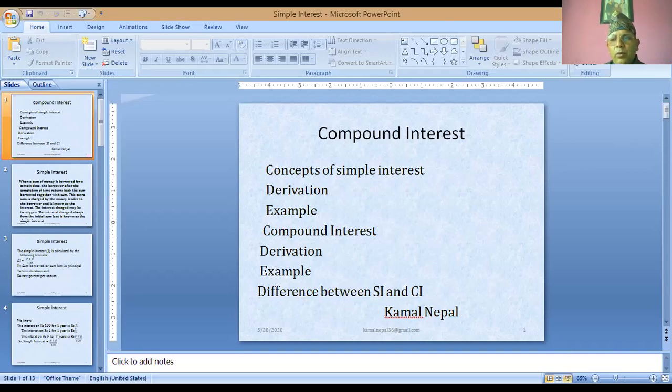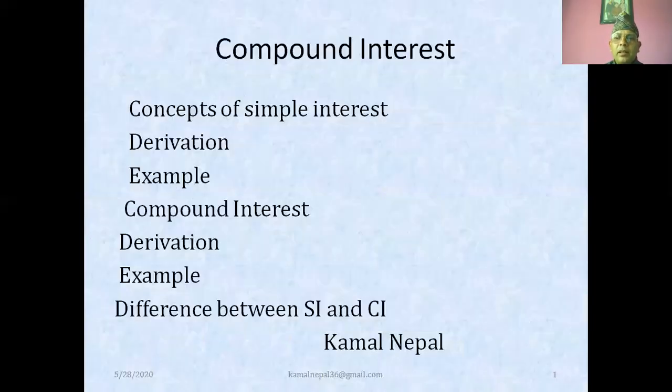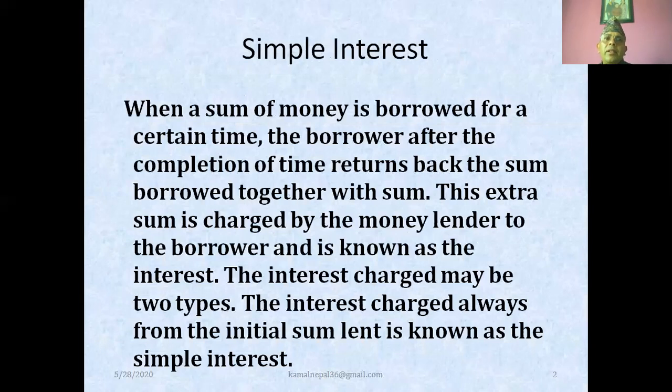Now I want to start from the first. It is your simple interest. Simple interest: when a sum of money is borrowed for a certain time, suppose you take a time of 1 year, the borrower, after the completion of time, returns back the sum borrowed together with extra sum.